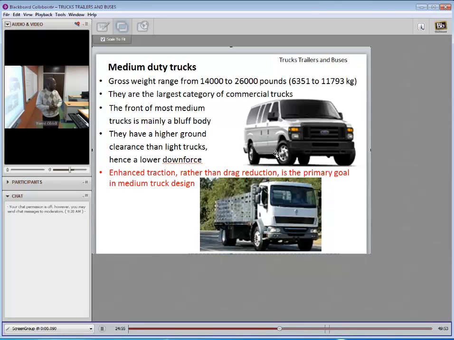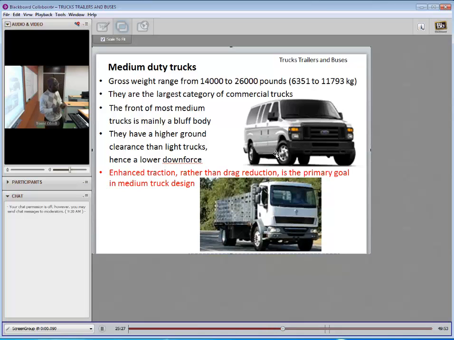Enhanced traction rather than drag reduction is the primary goal of medium truck design. So it's not that there's no interest in drag reduction, it's just that a higher traction is the more desirable thing. And so emphasis is placed actually a lot on the tire specification for medium trucks, and they're high-performance tires that have high traction to the ground.